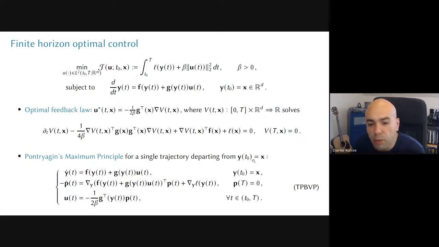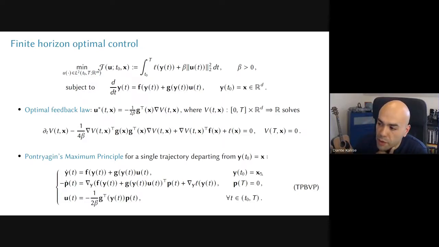But this is something that one learns more or less efficiently to do in numerical methods when you learn the shooting method. For a given point x, you need a forward ODE, you have a backward ODE, and you have an equation coupling them. So it's a 2-point boundary value problem because you have an initial condition for y, you have a terminal condition for p, and you need to solve this simultaneously. You normally do this with a Newton method and so on.